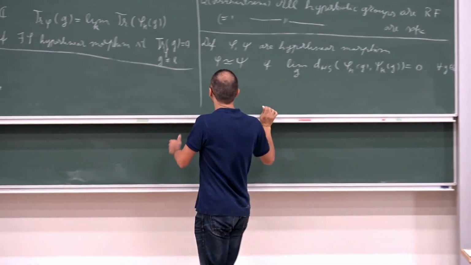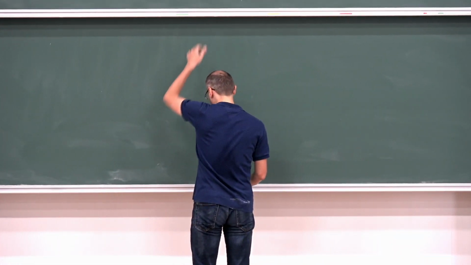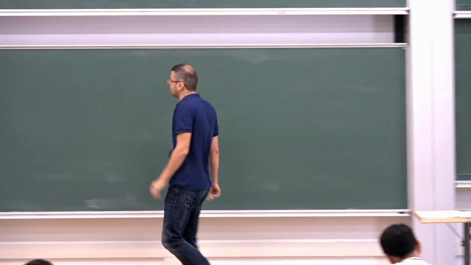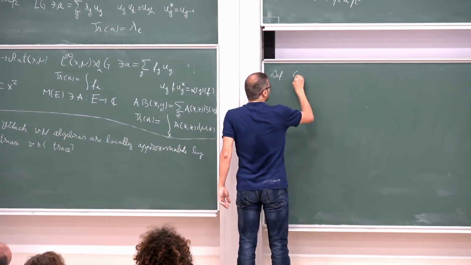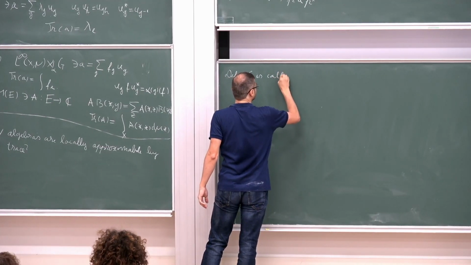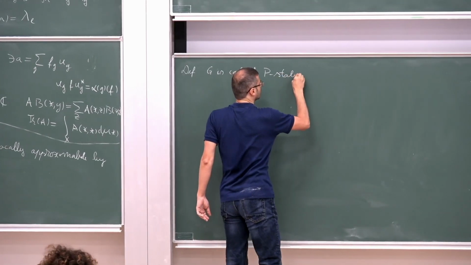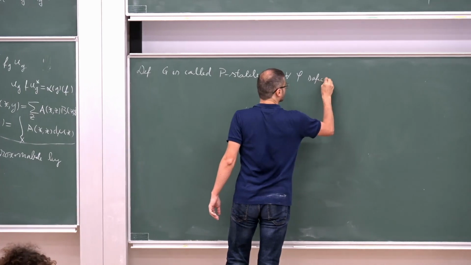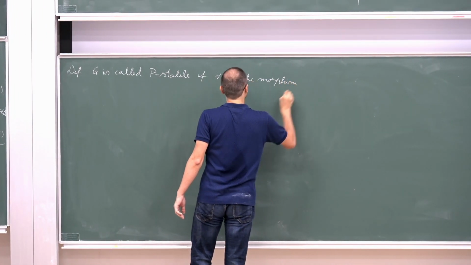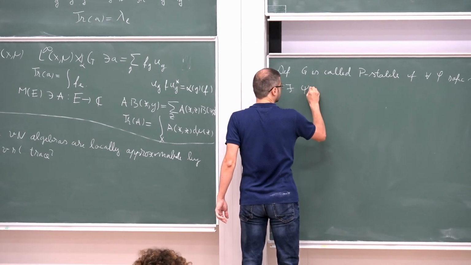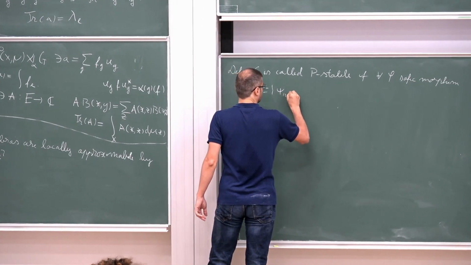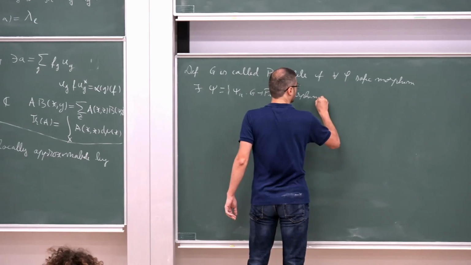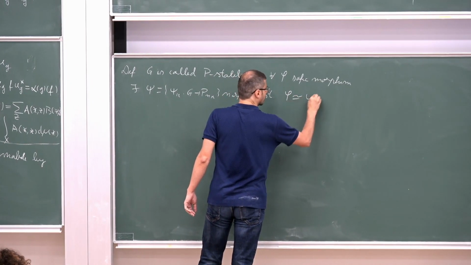Okay. And a group is called stable in permutations if any sofic morphism is equivalent to a morphism into permutations. That is, there exist phi and psi, a morphism into permutations, such that phi is equivalent to psi.